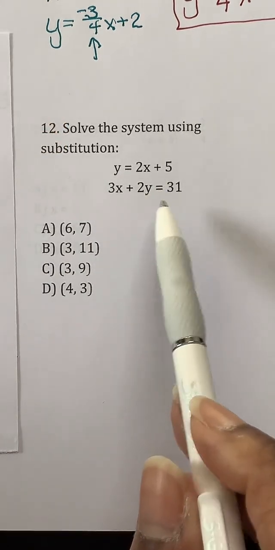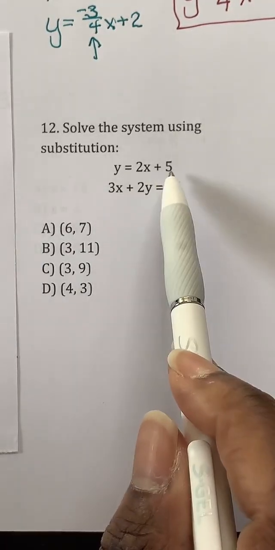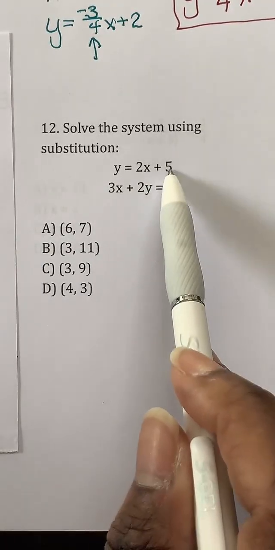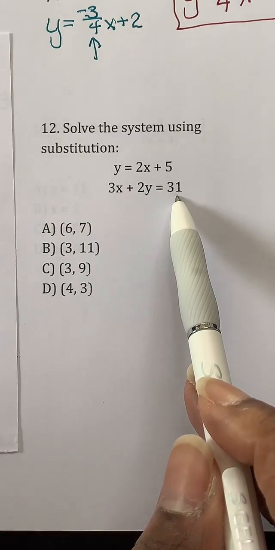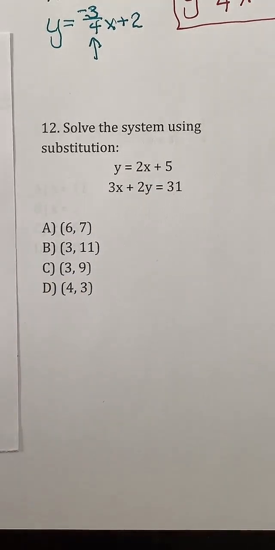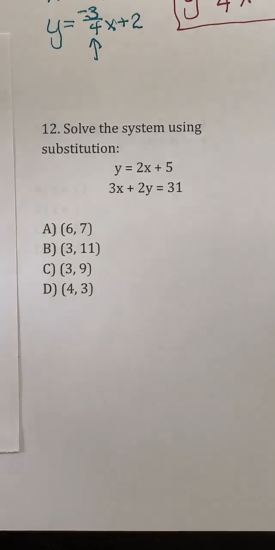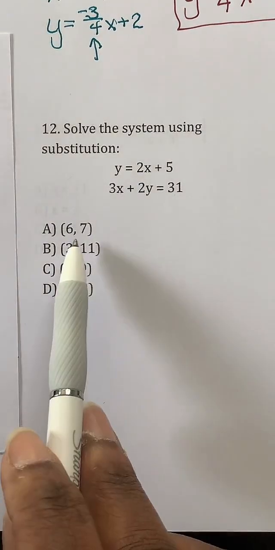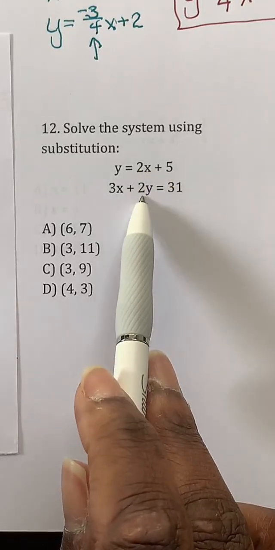But the only way it can be a solution is if it makes each equation, both of them, a true statement. Okay, that's the only way that I know that it works. So I'm still going to do a little bit of the substitution, but if you're just taking, say, a standardized test, and you want a quick and dirty way of it, you can plug numbers into your equations to see which one will work for both.